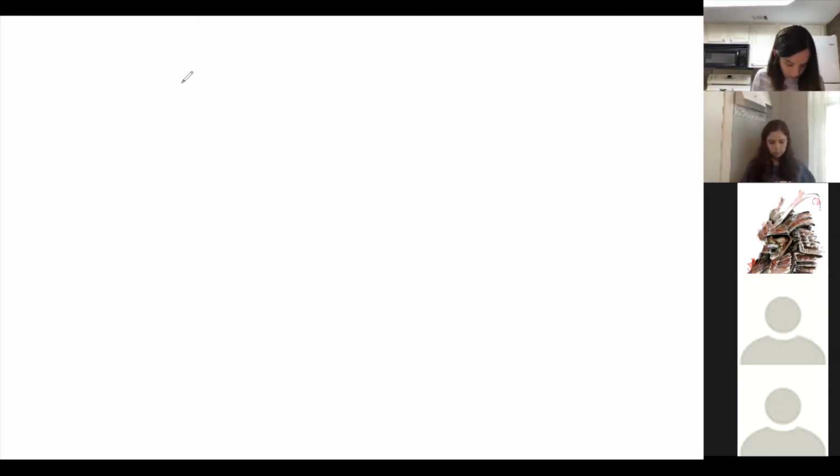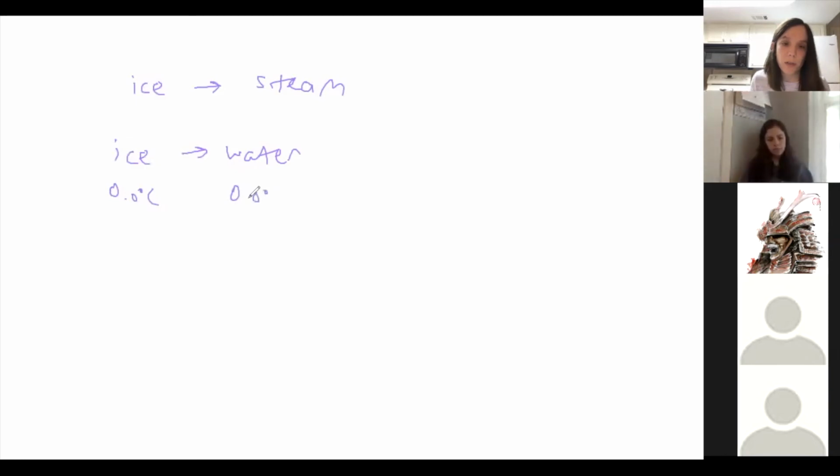Okay, if we're looking at something that's going from, let's say, ice to steam, we would be looking at first going from ice to water, ice at 0 degrees Celsius to water at 0 degrees Celsius. So we would be using Q equals M times heat of fusion for that one.